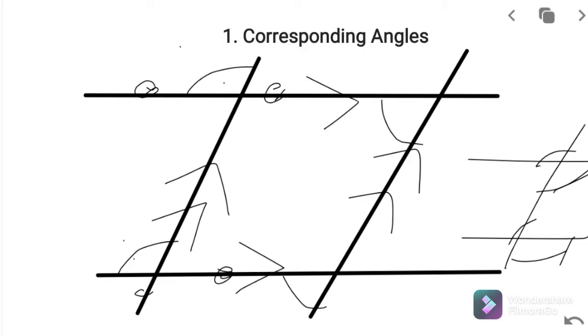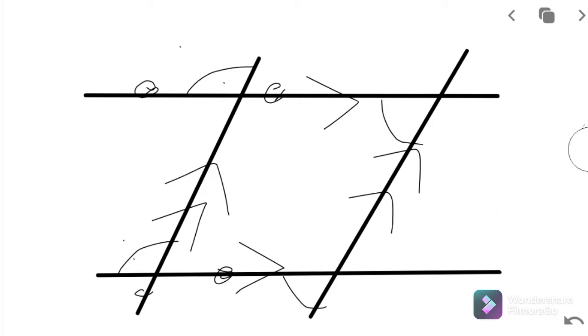So next we're going to look at another kind of angle formed by parallel lines. We have what we call the alternate angles. The alternate angles are angles that are alternate to each other.